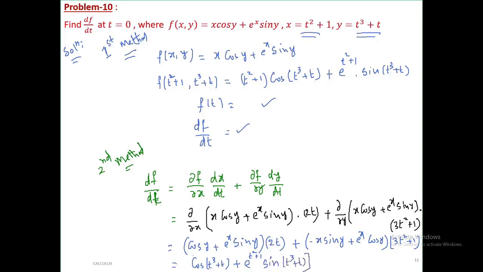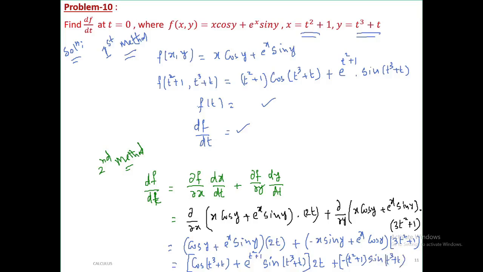After that, into what I have to do? 2t, 2t I have to write. Same thing for this. So minus x value, t square plus 1, and sin of y. What is y value? t cube plus t, and plus e power x.